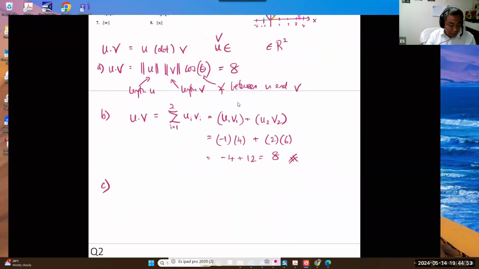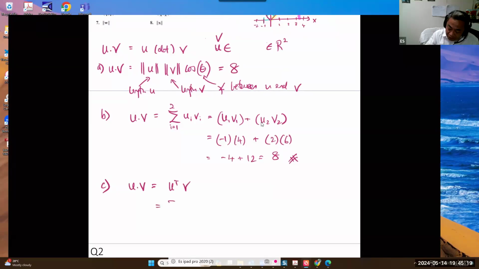does anyone have any idea? In fact, this equation tells us how to do it in the third way, the vector multiplication way. So I'm going to write u dot v equals u transpose v. And what is u transpose?